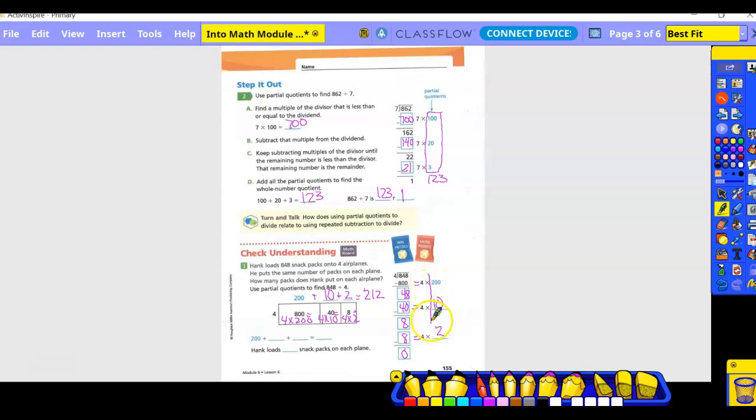Then I take and I add these things together. So 200 plus 10 plus 2 is what? 212. Oh, I forgot to put it over here. 200 plus 10 plus 2 equals 212. So Hank loads 212 snack packs on each plane.